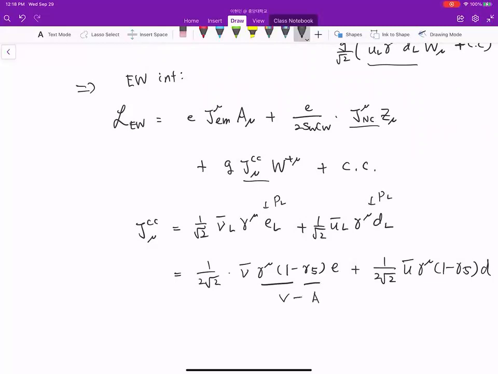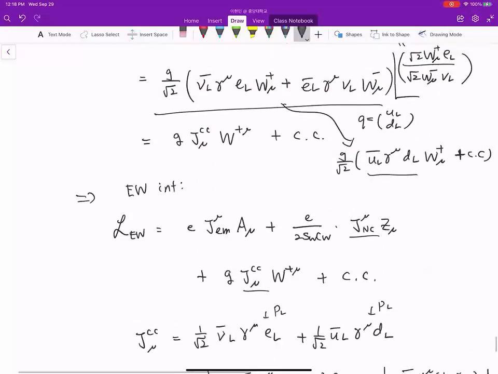So as far as the charged current is concerned, it has a V minus A structure, also at the level of quarks. So the V minus A structure is very important for the electroweak interaction.